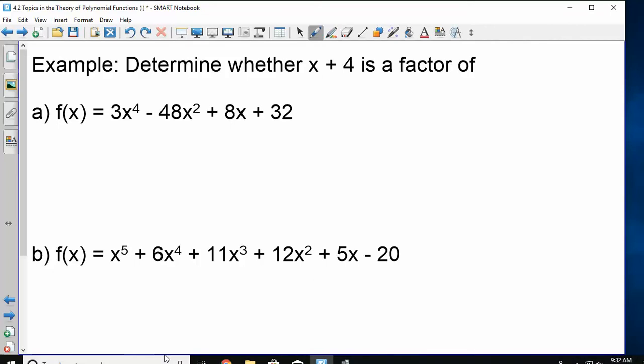Which way do you guys want to do? Plug in. Yeah. So when we plug it in, do we have to put like x to the third in there somewhere because it's not up there? If you did synthetic, you would. If you're just plugging in the negative 4, you do not. So if you find f of negative 4, you guys have calculators, so you're going to calculate this one for me.